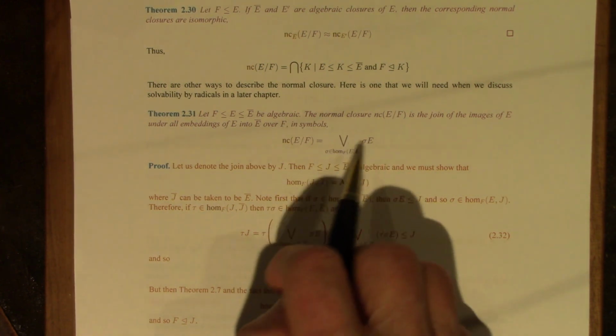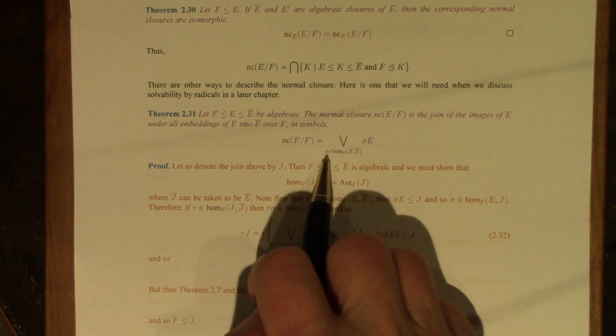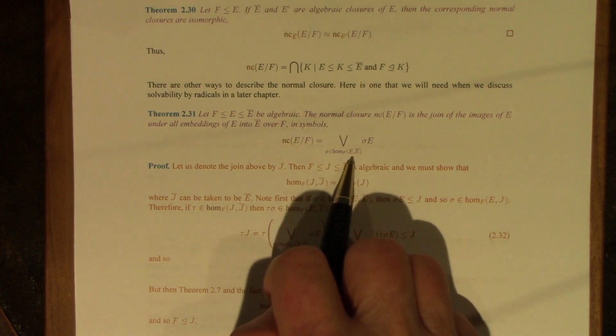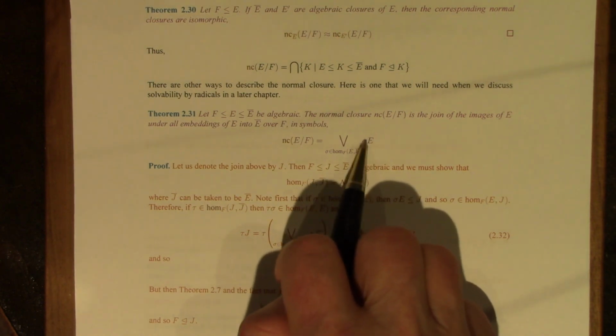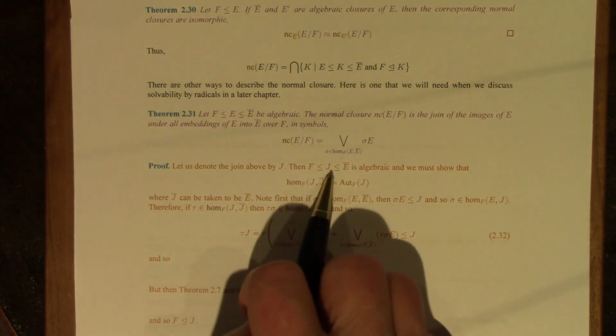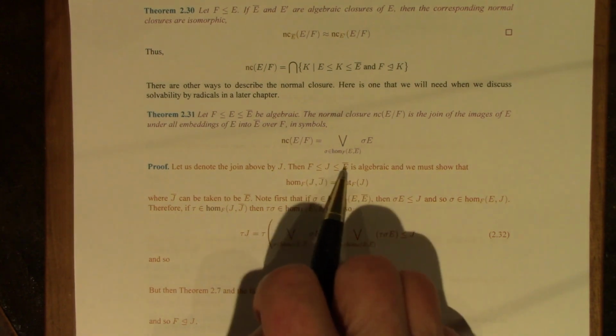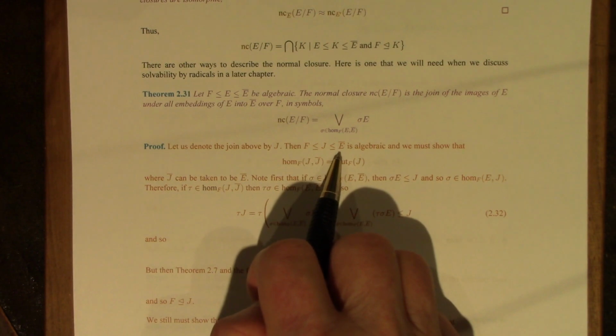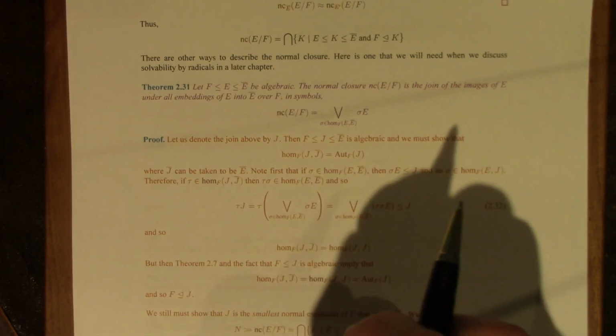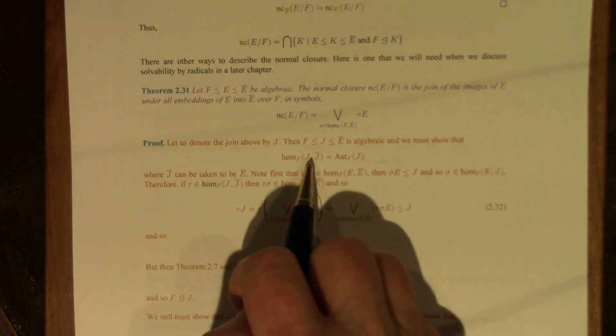And in this join, one possibility for sigma is the injection, the inclusion map. And so one possibility here is E itself. So the join lies between E and E bar, actually. But this is an algebraic extension, or an algebraic tower.